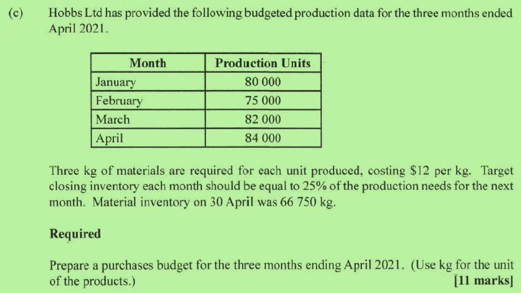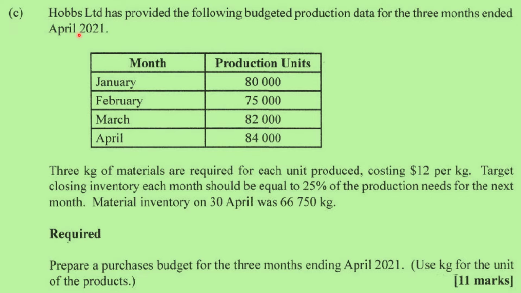Part C. Let's see what is required. Prepare a purchases budget for the 3 months ending April 2021. Use kilograms for the unit of the products. Okay, let's take a look at the body of the question.